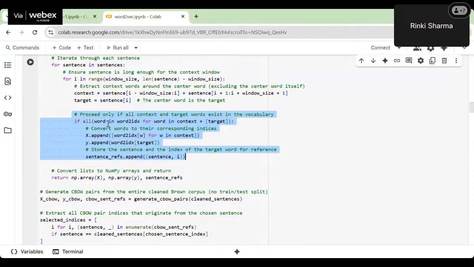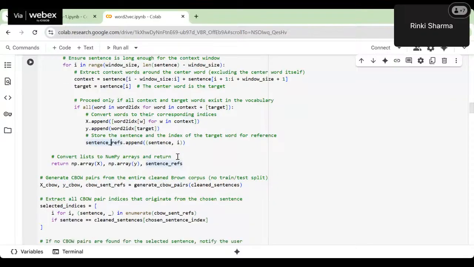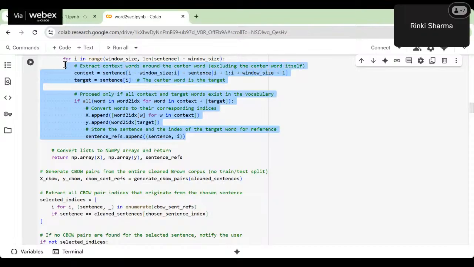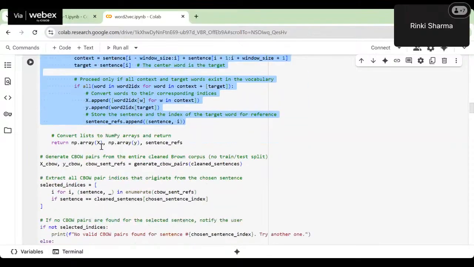We have defined all the context and target pairs for every word in the sentence, and we have stored them with the sentence label. At last, we convert the context and target words into their corresponding index from the vocabulary. This goes into our training set X and Y. The context and the target word which we have created here will go in our training data as X and Y.